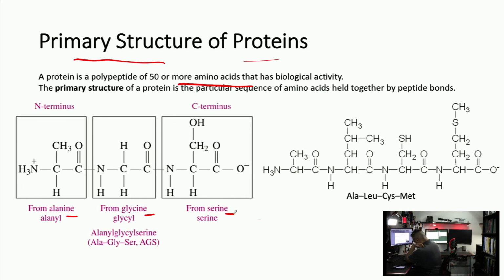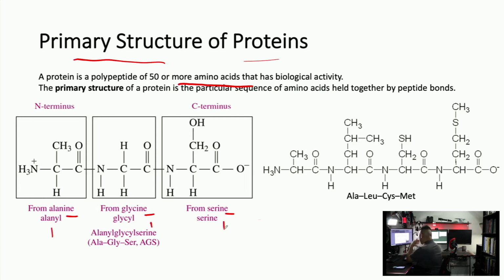Put it all together and you get alanylglycylserine, which is the name of the peptide, right? And the primary structure is literally the sequence of alanine, glycine, and serine together, right?